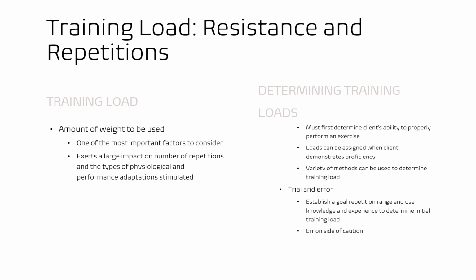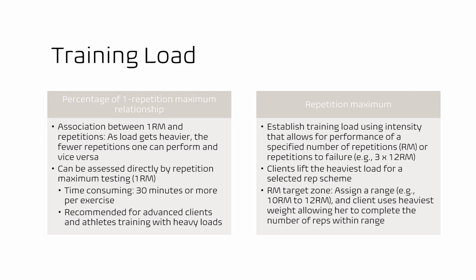find the right balance. Determining the appropriate training load for your workout involves considering several factors, including your client's training goals, current fitness level, experience, and the specific exercise being performed. One repetition maximum, or 1RM, is one way to determine training loads by establishing your 1 repetition maximum for specific exercises.